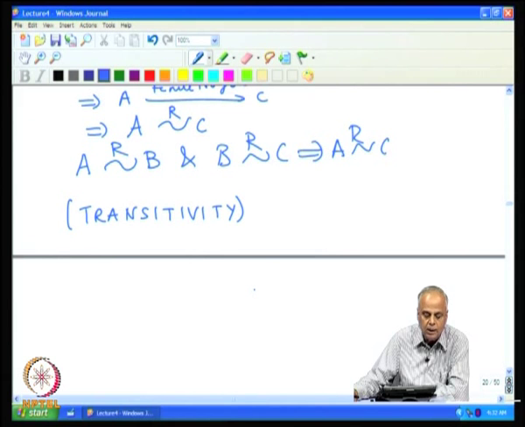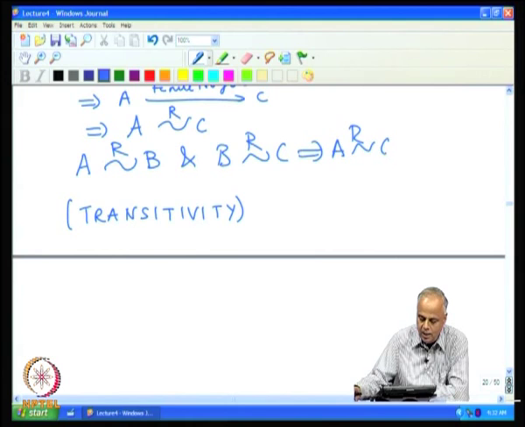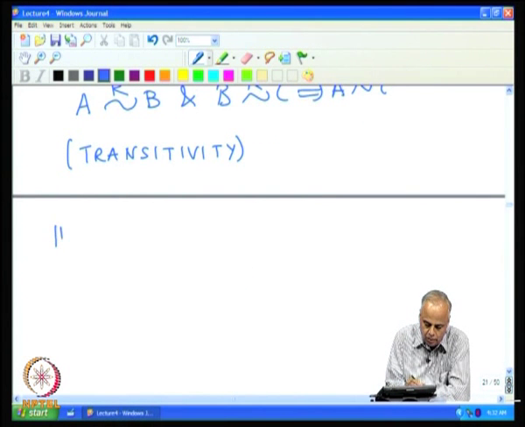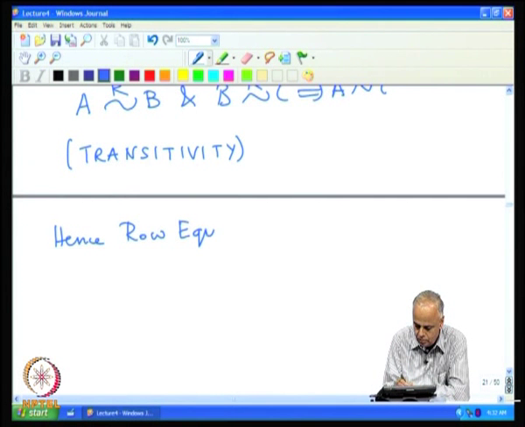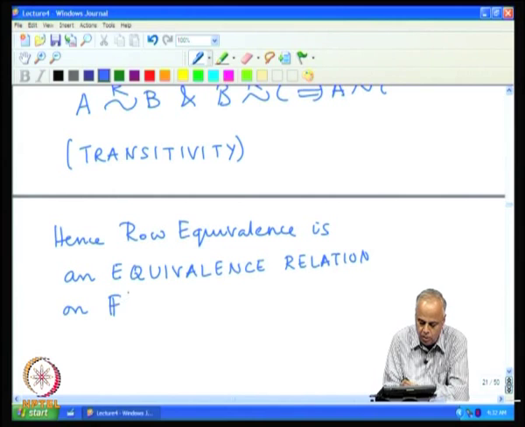If any relation has these three properties of reflexivity, symmetry and transitivity, it is called an equivalence relation, and hence row equivalence is an equivalence relation on the collection of all m by n matrices.